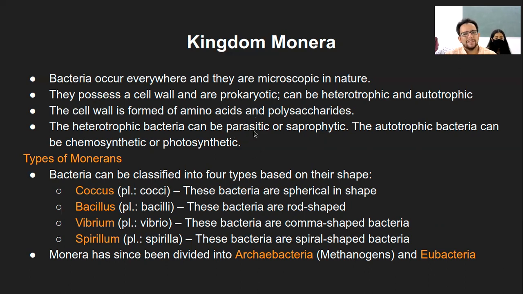They can be parasitic heterotrophic, that means they are dependent on a living organism, growing on that organism for nutrition. And saprophytic means a particular animal or plant is dead, and the bacteria are growing on it, getting nutrition from decaying or dead animals or plants. That is saprophytic. So that is the classification.